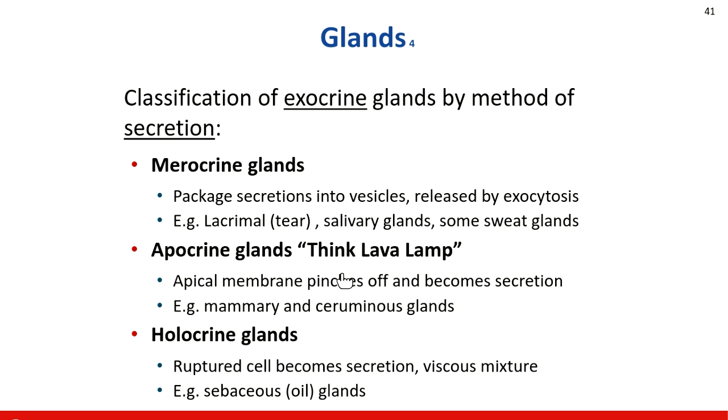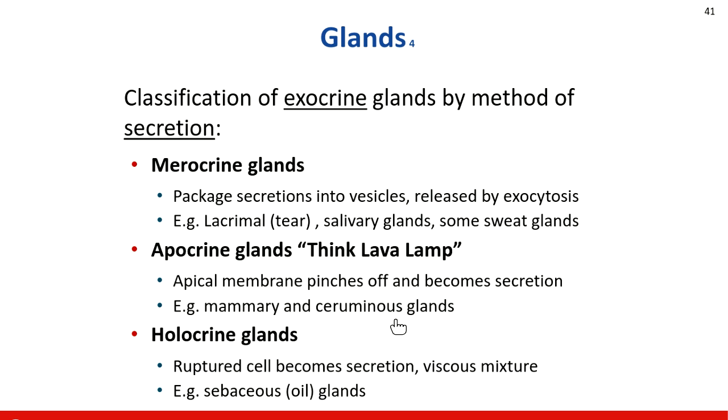Well, with apocrine glands, the cell operates in a similar way. The top portion of the cell, or the apical membrane, will literally pinch off, and when it pinches off, it becomes the secretion. These secretions are a little bit thicker, a little more viscous. We see these types of secretions in the mammary glands and in the ceruminous glands.